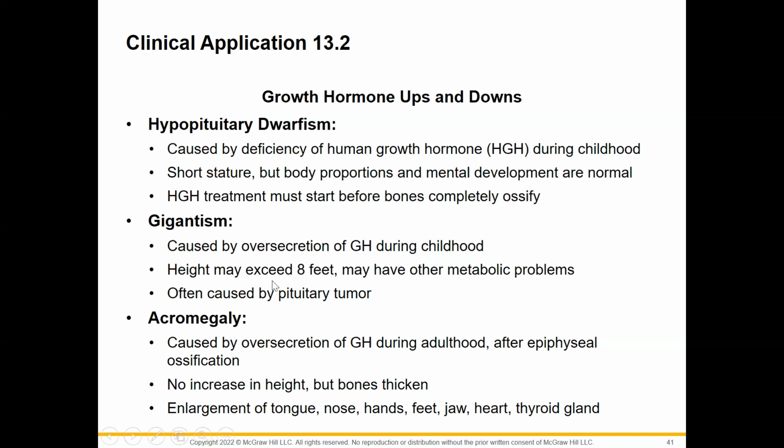So this person's height might exceed 8 feet in some cases, and they might have other metabolic problems because their body is basically in hyperdrive because you have this excess of growth hormone. It can be caused by a pituitary tumor. So, why would a particular hormone be overproduced in the body?